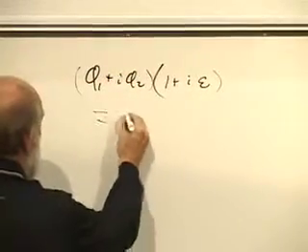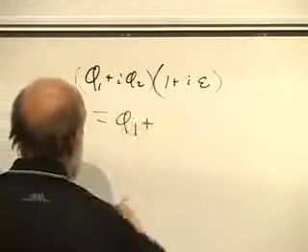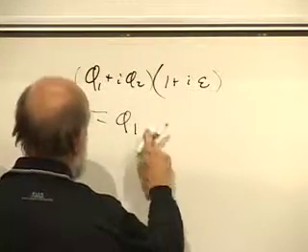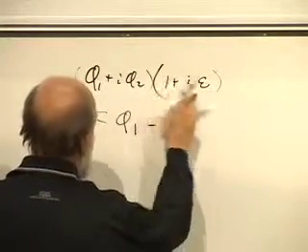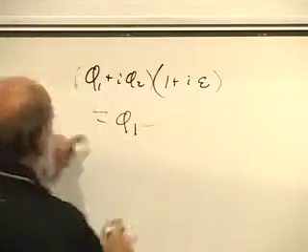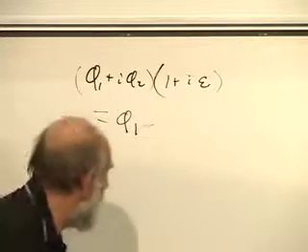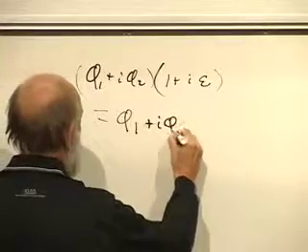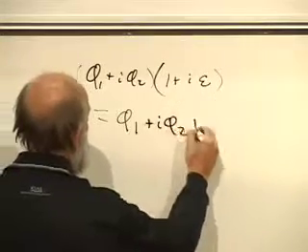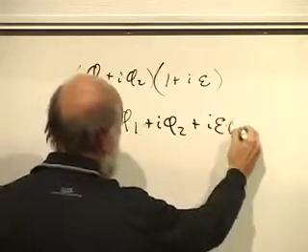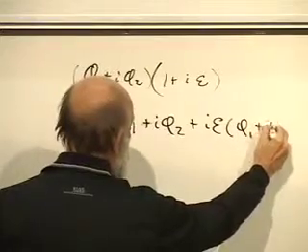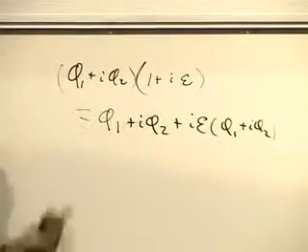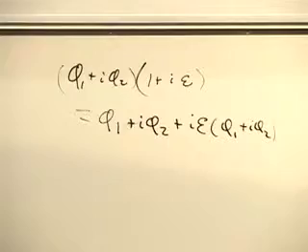And this is equal to phi 1 plus i phi 2 plus i epsilon times phi 1 plus i phi 2. All I've done is multiply it out.